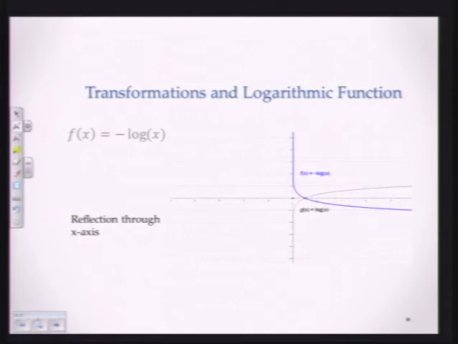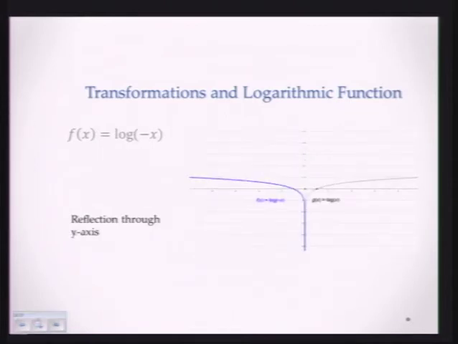And so our original function, g of x equals the log of x, starts down in the 4th quadrant and rises into the 1st quadrant. We're going to have the opposite of that with this new function, f of x equals minus the log of x. It starts way up in the 1st quadrant and drops down into the 4th quadrant, a reflection through the x-axis.